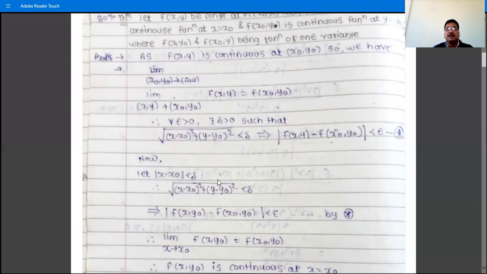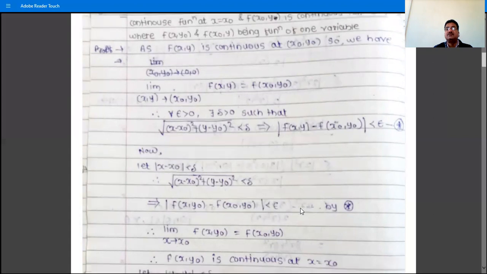If we find root of (x minus x naught) square plus (y minus y naught) square, we have the answer x minus x naught. So this is another form of x minus x naught. And this implies, by using this, we have this. That is, replace y by y naught, because here it is y naught minus y naught. So mod f(x, y naught) minus f(x naught, y naught) is less than epsilon.